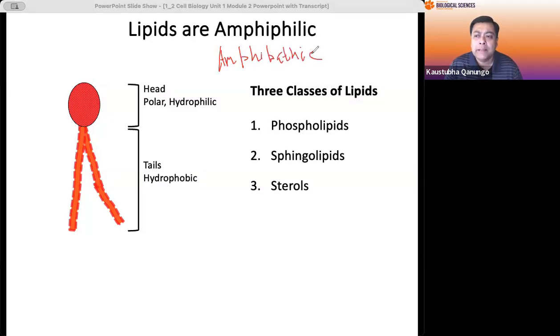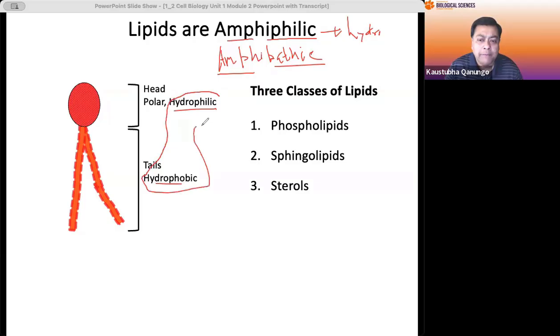What we mean by this, amphi means both. So amphiphilic means that it has a hydrophilic end plus a hydrophobic end. And again, amphipathic means that it has a hydrophobic end and a hydrophilic end. So basically hydrophilic and hydrophobic. If you have those two, you can call them amphiphilic as well as amphipathic. This can be used interchangeably.